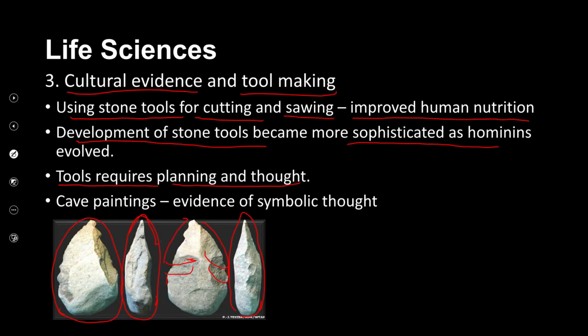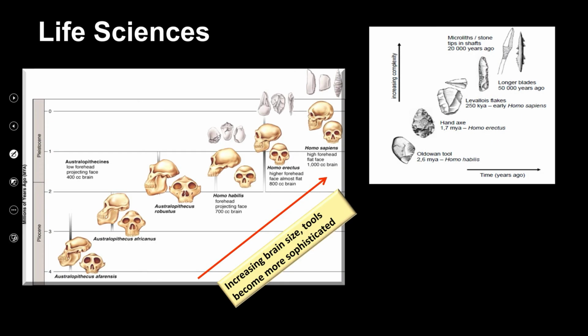Then we also find cave paintings as evidence of symbolic thought. And here we can see the increasing complexity of the tools as time goes on and gets closer to the present, and how the tools actually changed.